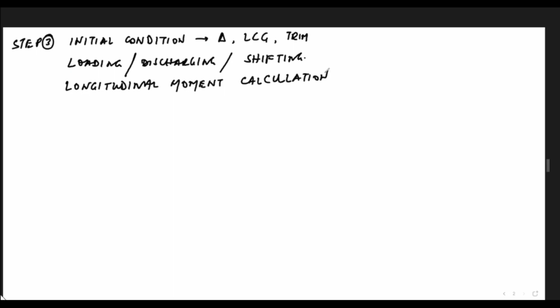How will we do the moment calculation? Absolutely the same way we have been doing the vertical moment. Absolutely same way how we have done the vertical moment calculation. So we make a table. Description, weight.